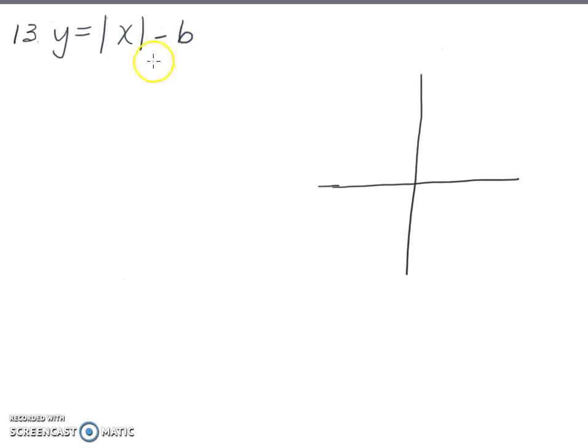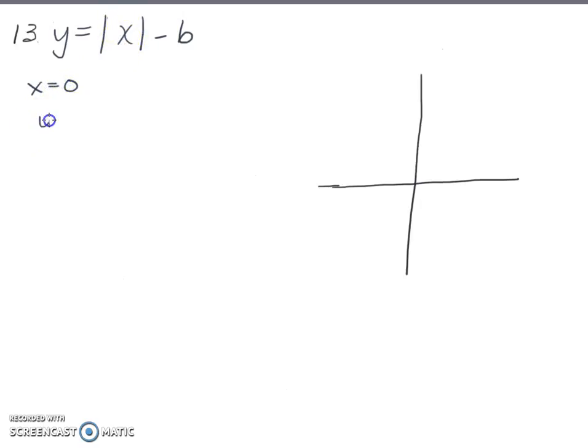So the easiest way to do this without having to create a chart or a table is to ask yourself, what value of x would make the inside of this absolute value sign become 0? And that gives you your vertex. Since there's only an x inside, x equals 0 would make everything in here 0.